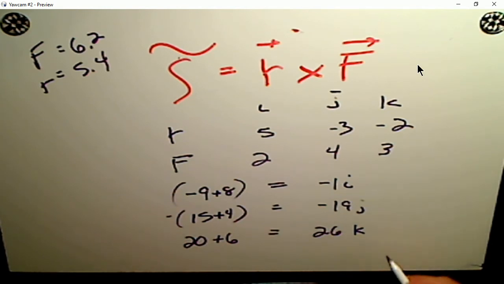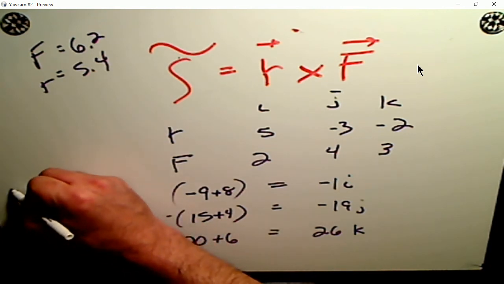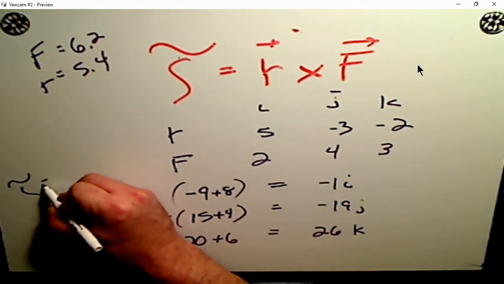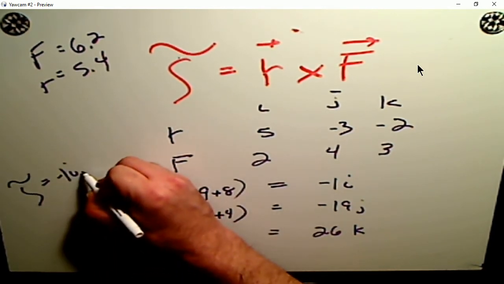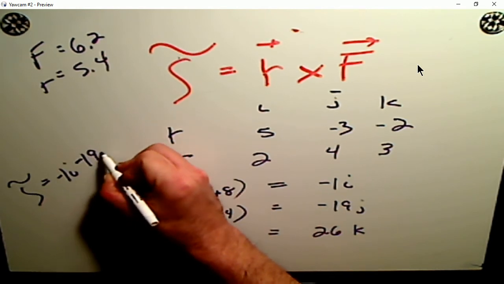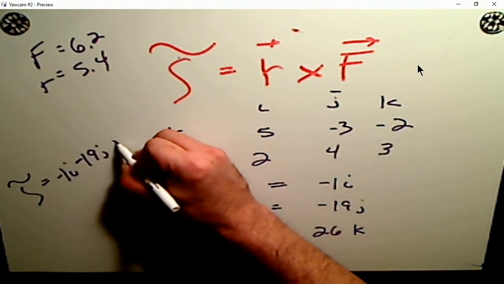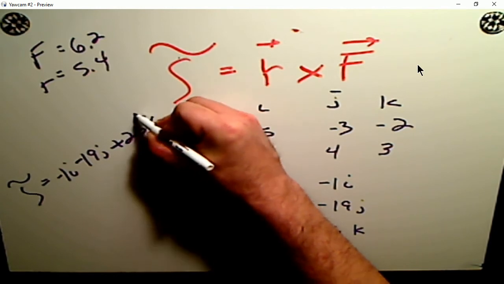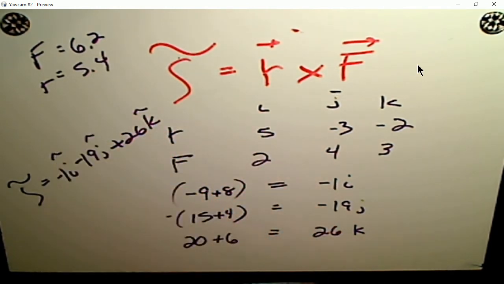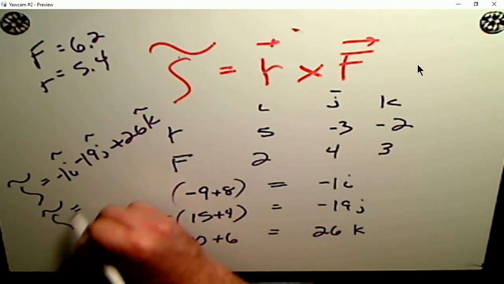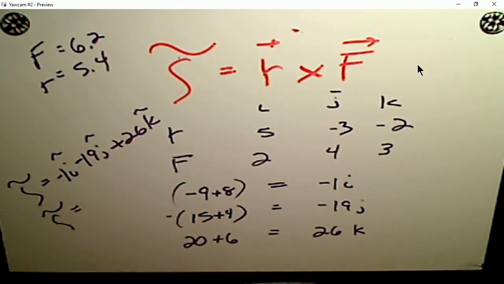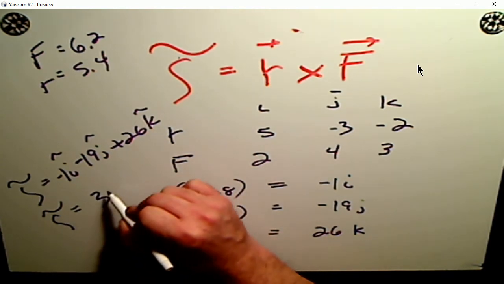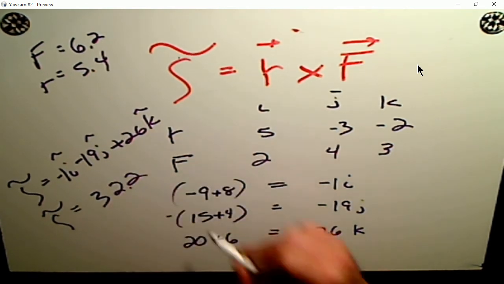So if I wanted to write down the torque vector, it is negative 1I minus 19J plus 26K. And if I do Pythagorean theorem on that to get the magnitude of it, I'm going to get 32.2 Newton meters.